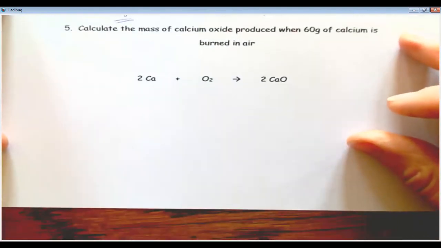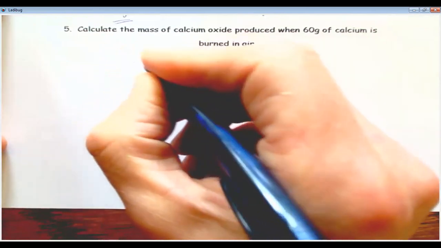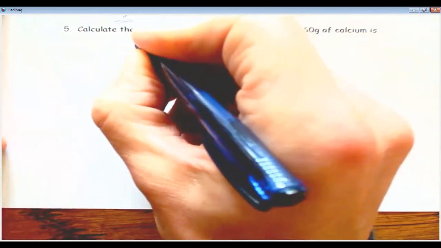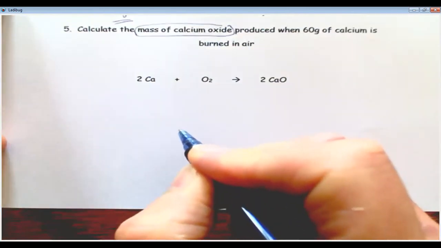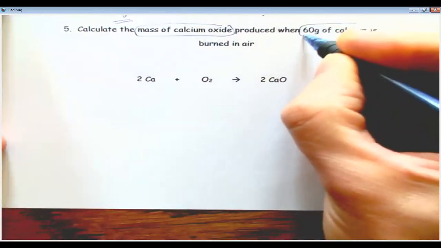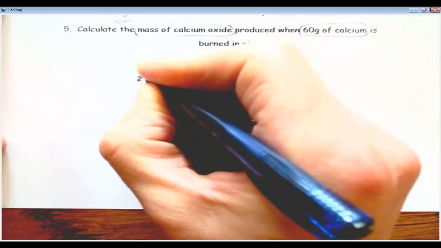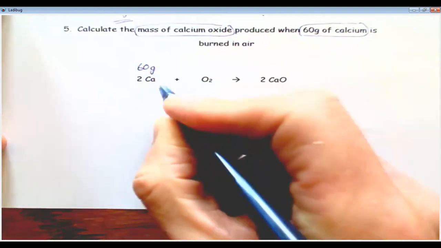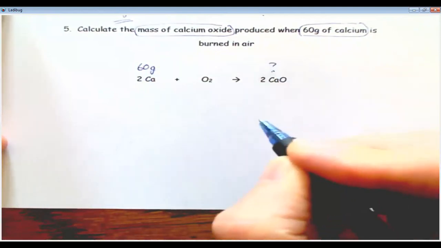And the last guided practice question. Let's calculate the mass of calcium oxide produced when 60 grams of calcium is burned in air. So we have 60 grams of calcium. Here's the calcium oxide. That's the question.